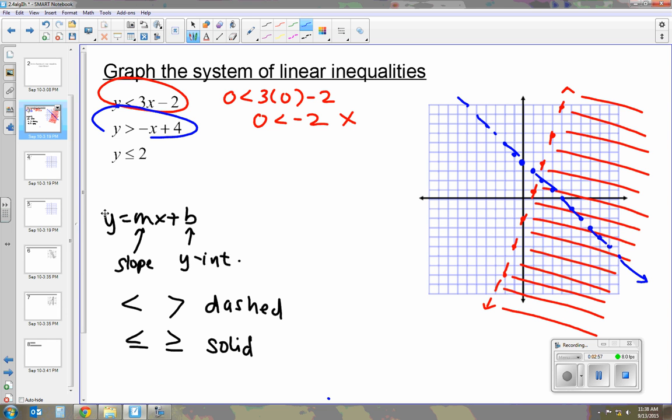And yours will be much nicer and neater because you'll use a ruler. Okay, and now we're going to test the point 0, 0 to see where we're going to shade. So we're going to plug in 0 for x and y. Now, is 0 greater than 4? No. So that is not a solution, so we cannot shade in the direction of the 0, 0. So we're going to shade on the opposite side of that line.